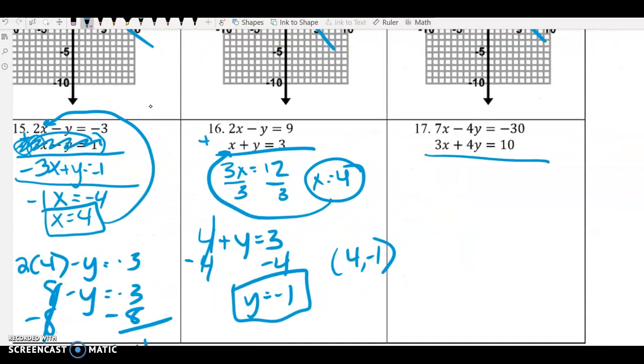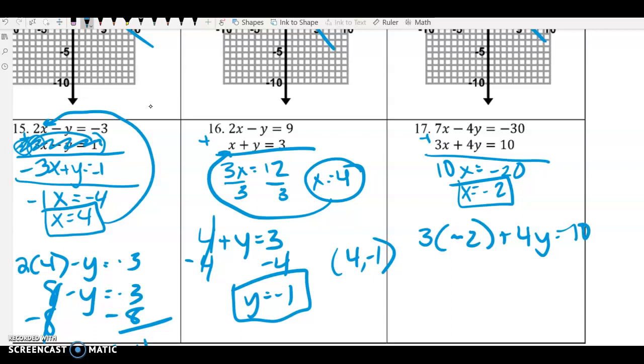17, y's eliminate. So I get 4x, more than that, because that's addition: 10x equals negative 20. So x has to equal negative 2. Plug that into an equation. I'm going to do the bottom one. So I get 3 times negative 2 plus 4y equals 10.